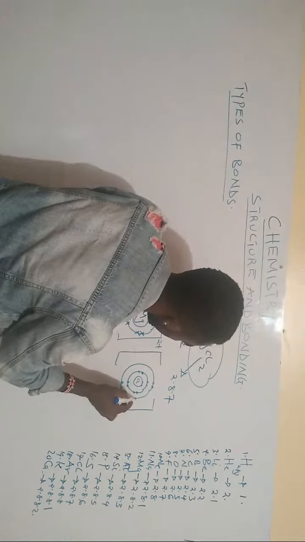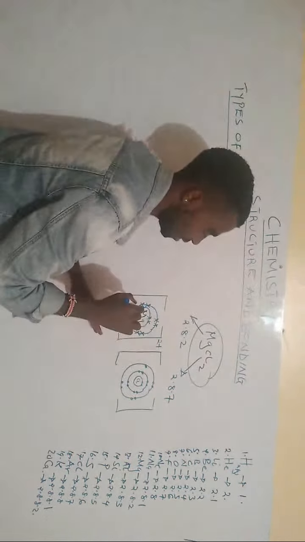Here the last one is 7. 1, 2, 3, 4, 5, 6, 7. And because it needs one to be stable, you add 1. And because there are 2, you put 2 there. Then you show a negative charge. That's the structure of magnesium chloride.